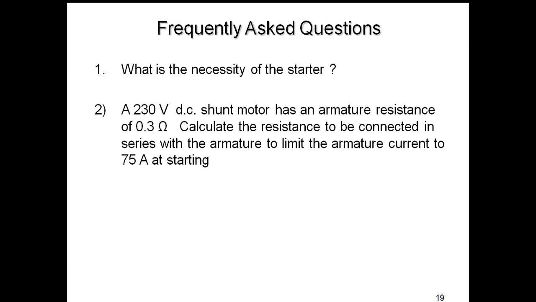Calculate the resistance to be connected in series with the armature to limit the armature current to 775 amperes at starting.